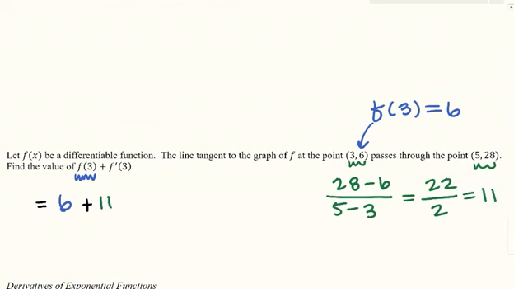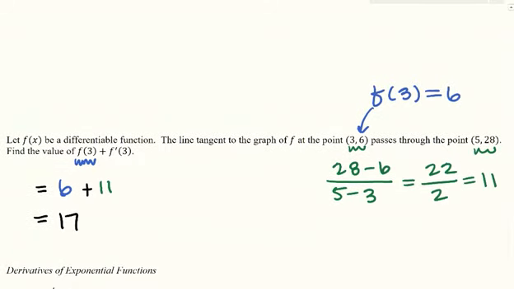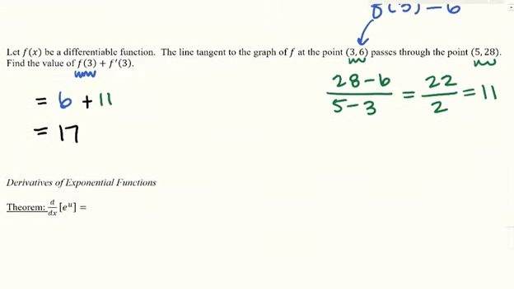So it's 6 plus 11, so that value is 17. I know that this is an AP multiple choice question. Maybe the numbers are slightly different, but I've seen this question before, and I really liked it. That's probably why I included it. This is a different question, through this exponential function.